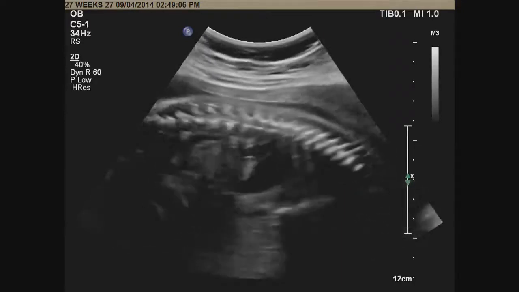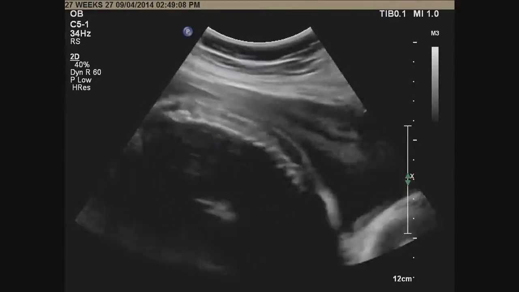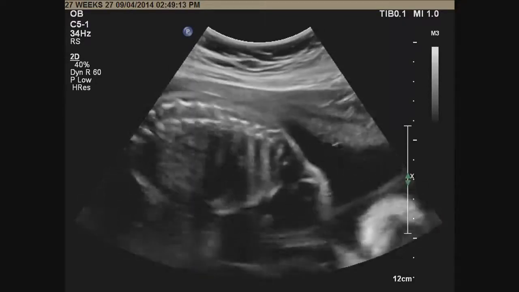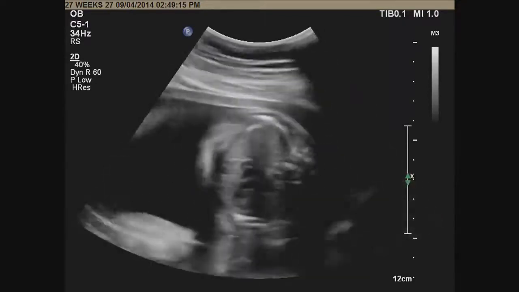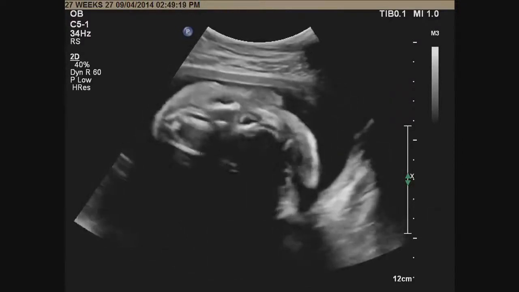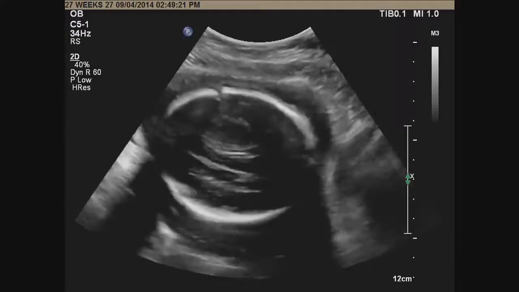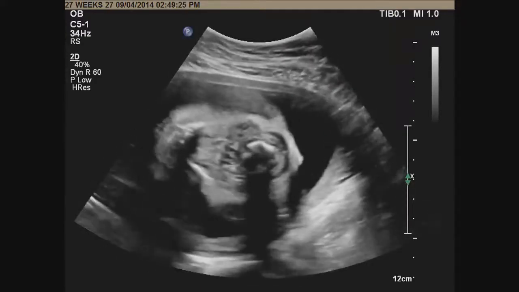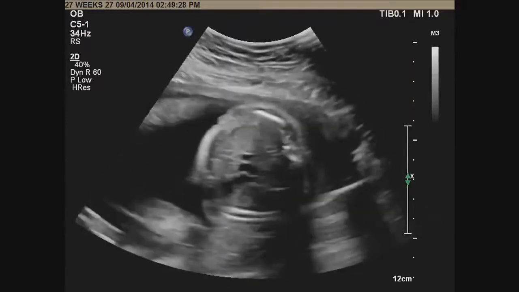And this is a mid-sagittal view of the spine. So I know that the baby is in a longitudinal lie because the baby's spine is parallel to the maternal spine. After I establish the presentation and the lie of the fetus, I establish the situs, knowing here that the left side of the fetus is going to be down.